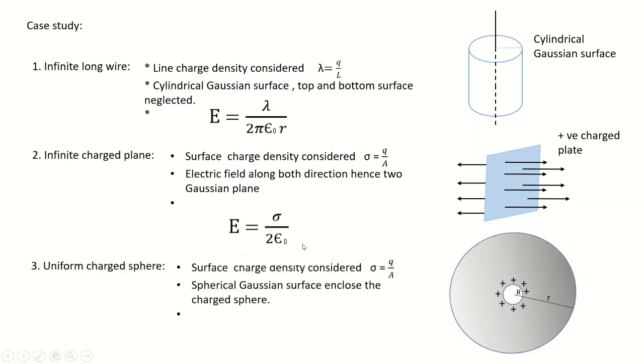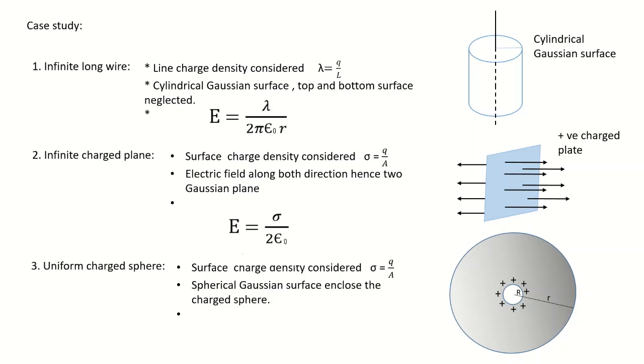Next and final, we come to the uniform charged sphere. A uniform charged sphere which is positively charged with radius capital R has been placed. Now we consider a spherical Gaussian surface.